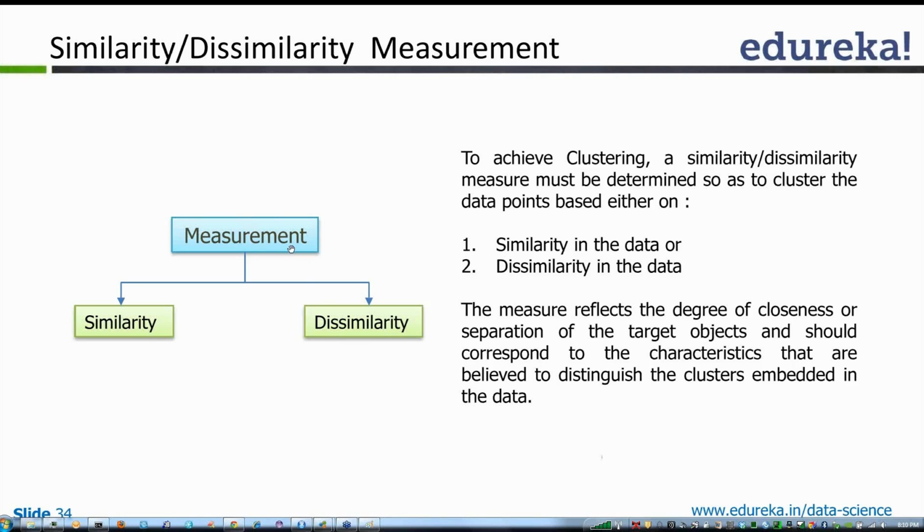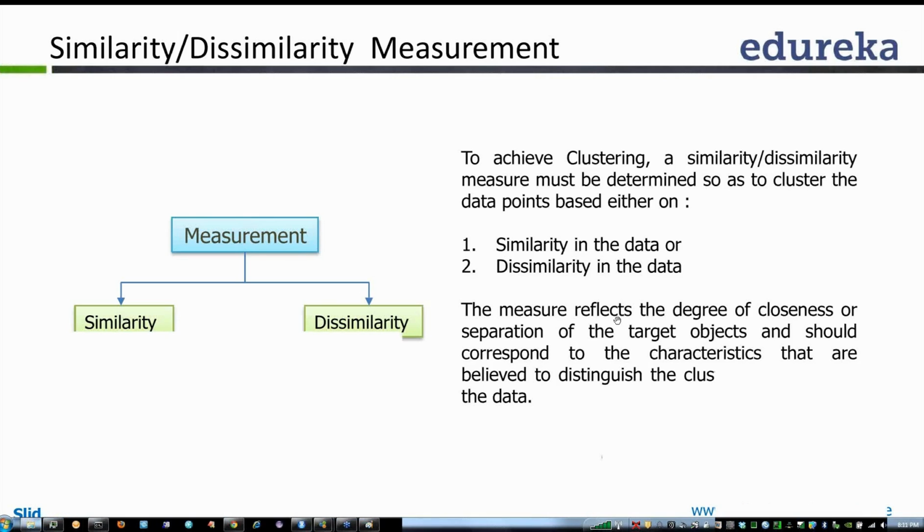For any clustering algorithm, you need either a similarity measure or a dissimilarity measure, one or the other. And these measures reflect the degree of closeness or separation between data points. That's clear, right, to everyone?